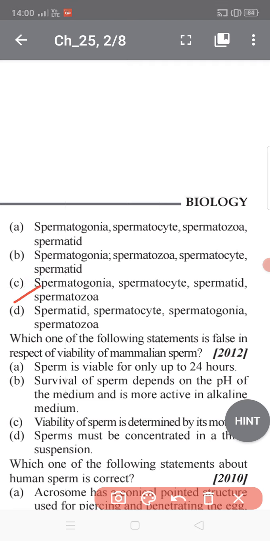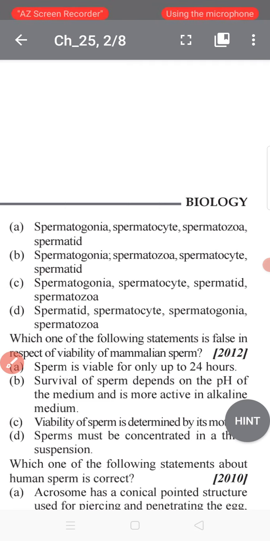So basically I have to explain it in a detailed manner. In the testis, the immature male germ cells, the spermatogonia, multiply by mitotic division and increase in number.